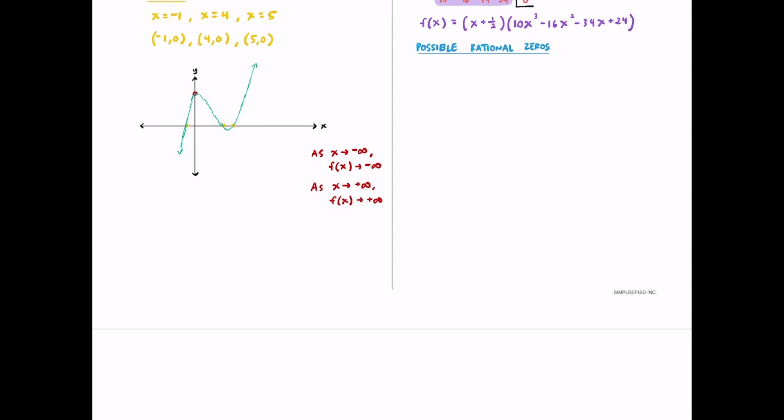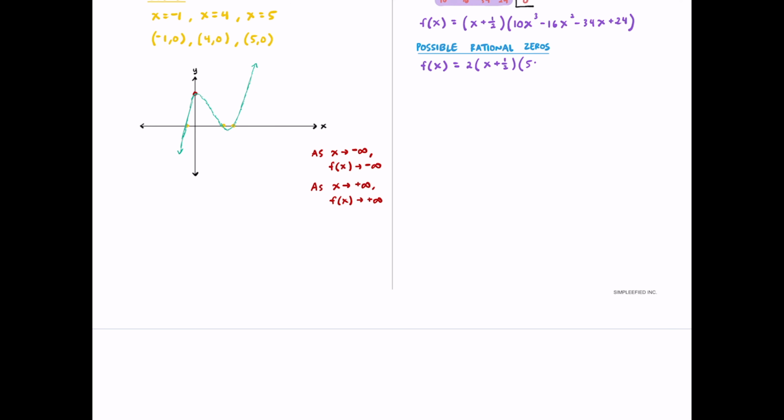Now, before we take all of our factors of p and divide by factors of q, which we're going to have a lot of here, notice how each of these terms has a GCF of 2. We could actually factor out a 2 so that we have fewer options to deal with. So f of x is equal to 2 times the x plus 1 half factor, and then we take half of all of these terms.